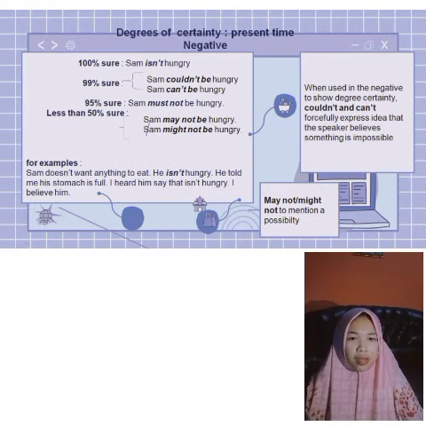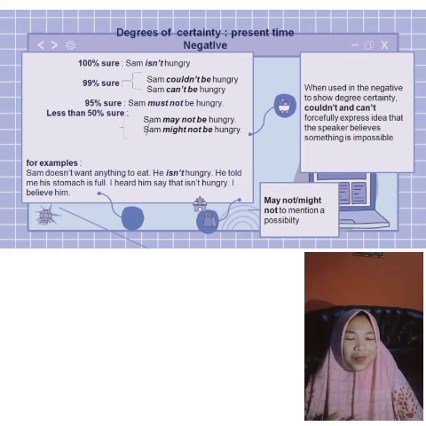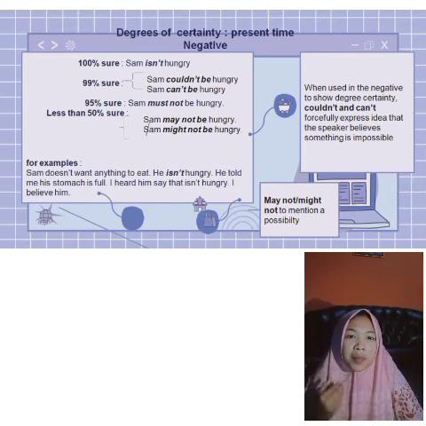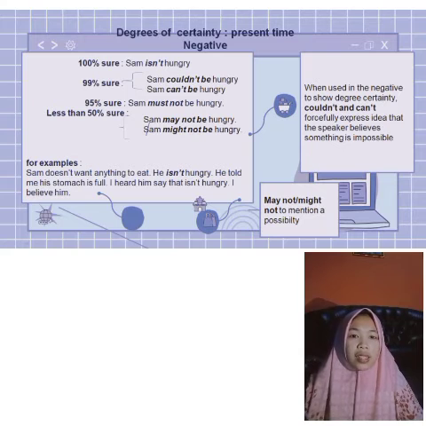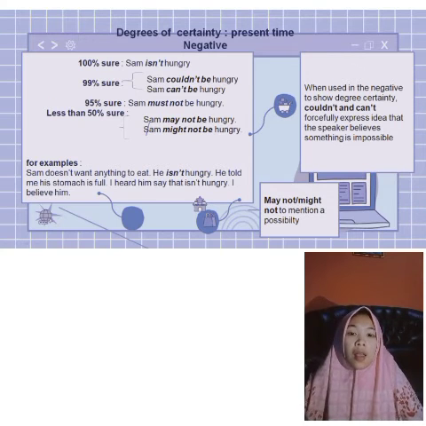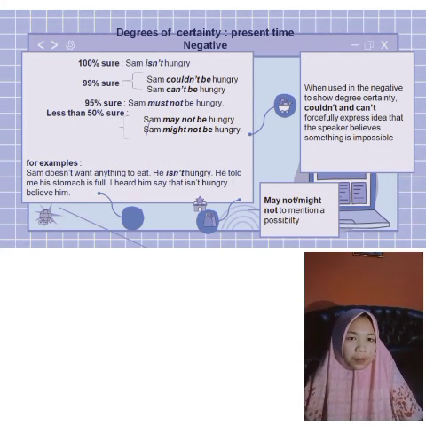For the examples, we can see in the slide. In A, the speaker is sure that Sam is not hungry. In B, the speaker believes that there is no possibility that Sam is hungry, but the speaker is not 100% sure.